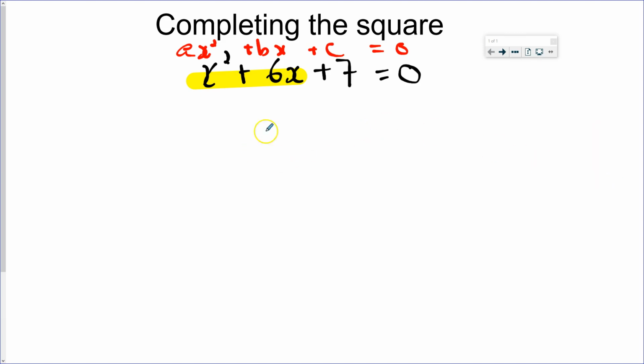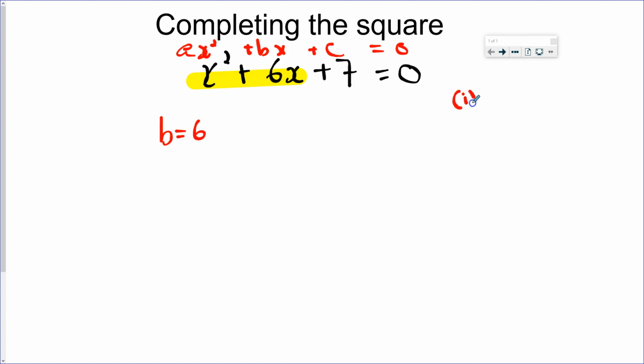As I said, the most important coefficient for this calculation is the value of b. So I want to find out what b is. A is 1, and my b is equal to 6. You're always going to go through these three steps in the beginning.